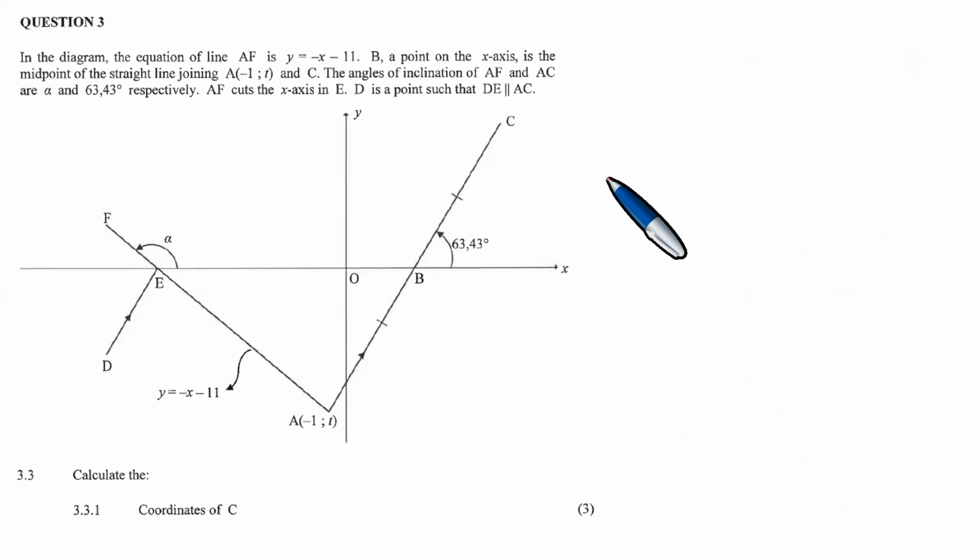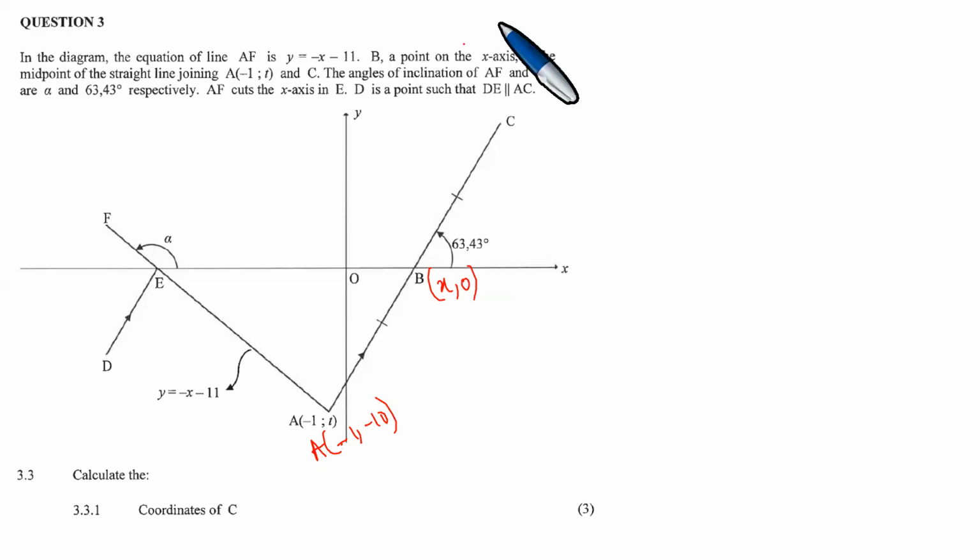A couple of things are very important. So to find the coordinates of C, because it relates to a midpoint, you know that the coordinates of A, what is this one here? So you have X and the Y is 0 here.